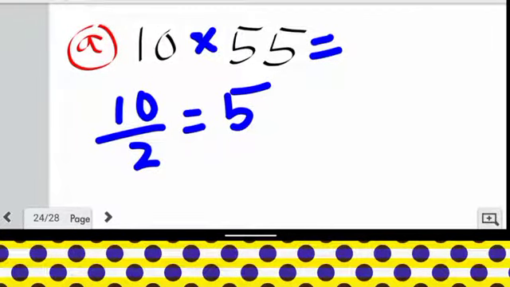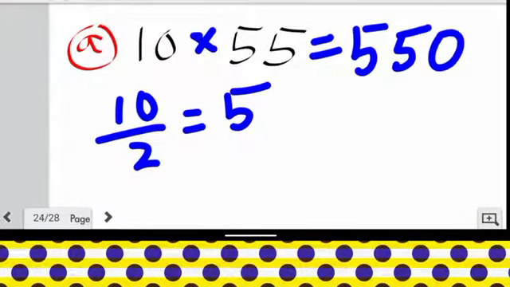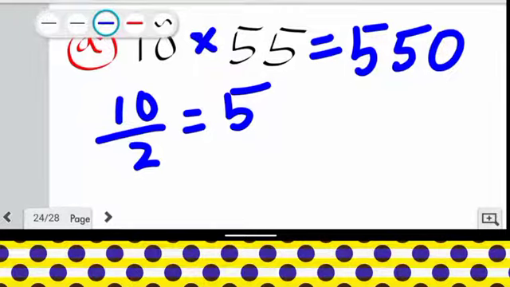So therefore the answer is going to be 55 times... that is, we double it and add 0. Is that understood? You can see that is very interesting. Can you see that? So now let's go to the next one.